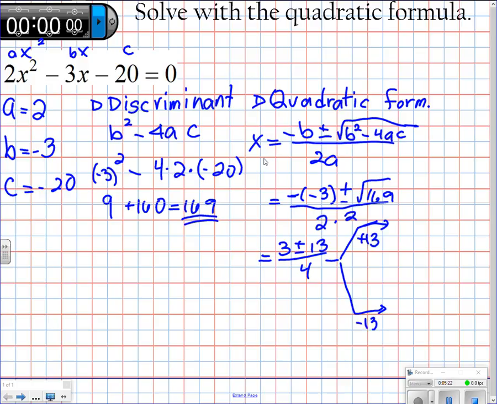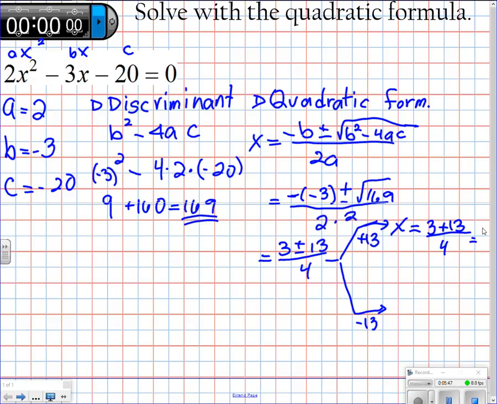Now the answer becomes x is equal to 3, and the 13 has no more choices. It must be positive 13. It doesn't have a choice between negative or positive. So it's 3 plus 13, and then on the bottom we have 4.